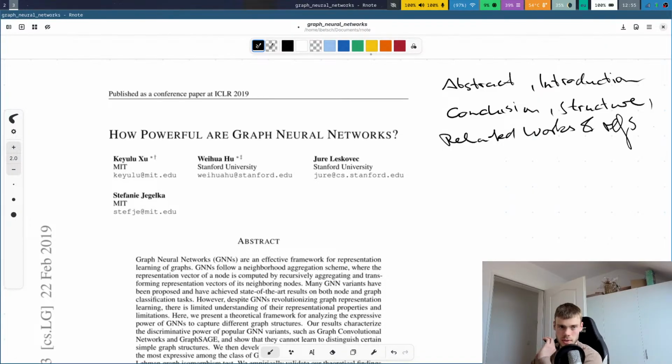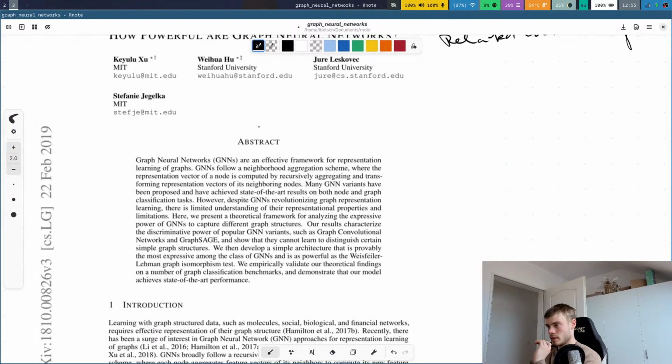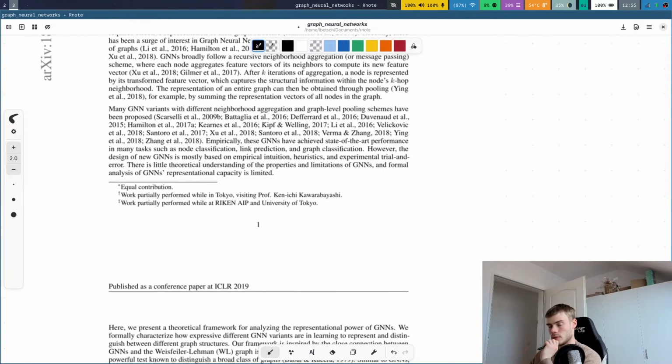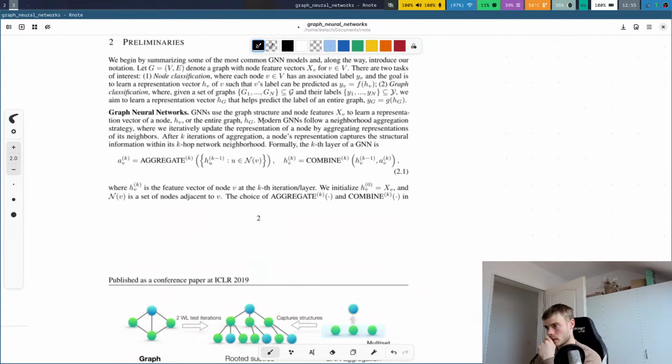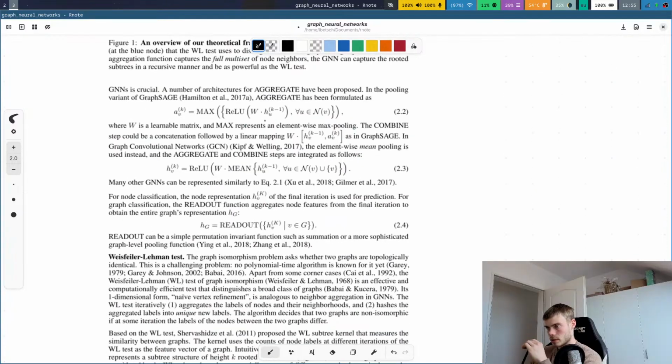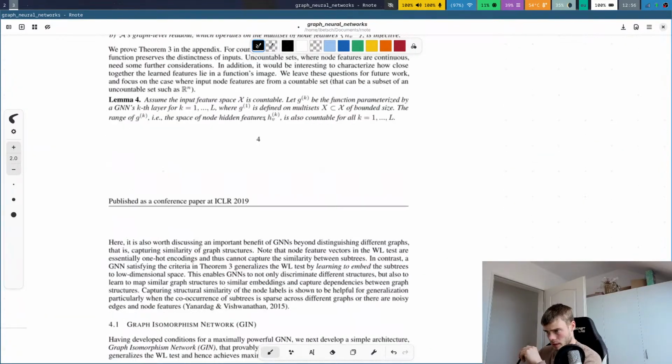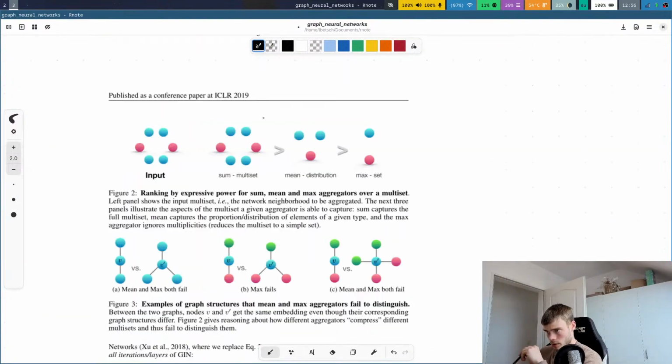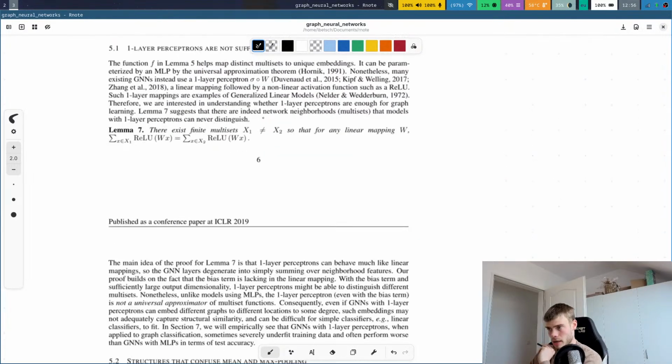All right, so this is the first thing we're going to do, is that we will start reading the abstract. We will read the introduction. We will look at how the paper is structured. We will not look at the equations for the first pass.